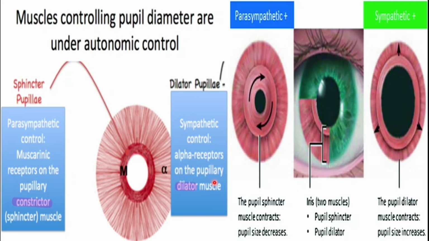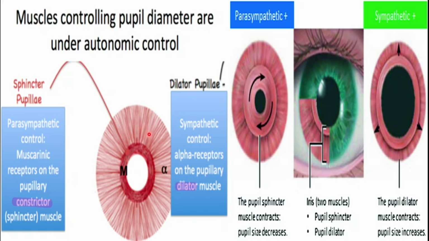Right. So keeping these things in mind, this is the sphincter muscle of the iris, and this is the circular muscle, also known as the radial muscle of the iris. You know that the sphincter muscle of the iris has the muscarinic receptor, so therefore it must be getting the parasympathetic innervation.